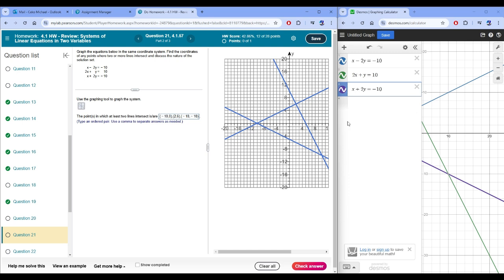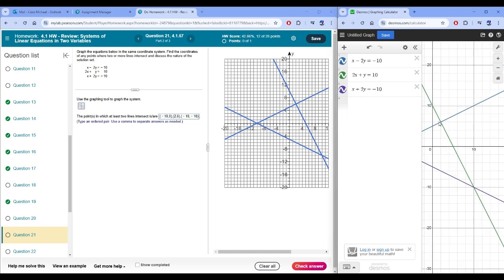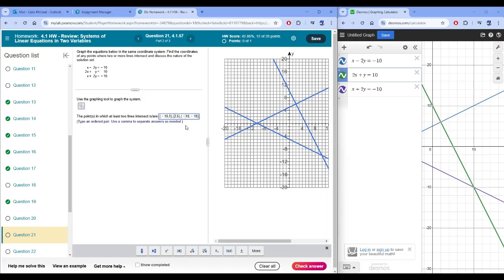Oh, this is (10, -10). Oops. (10, 0), (2, 6), (10, -10). There we go.